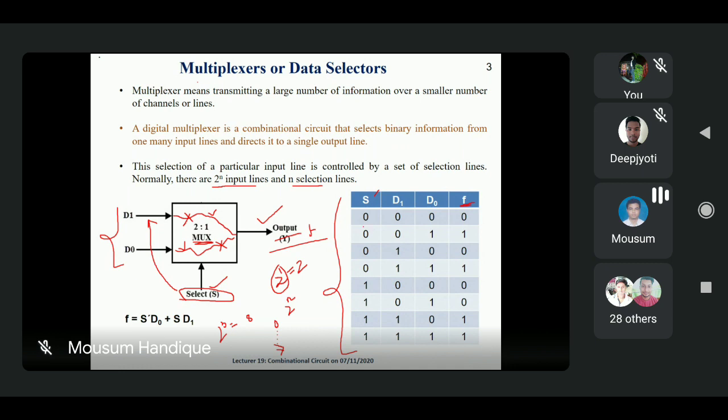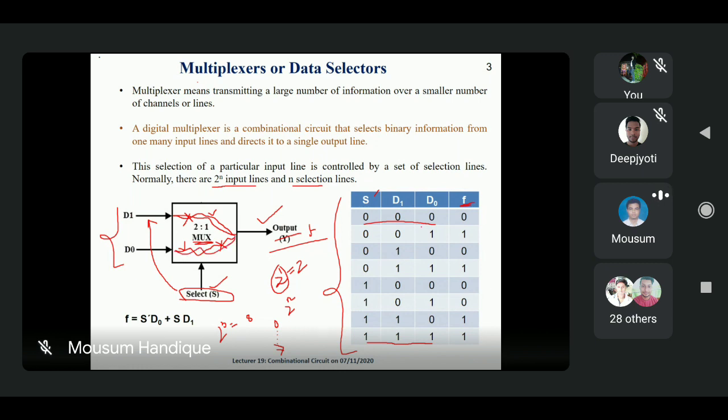So here I am writing this one is 0 and the last one is 7. Okay. So when S equal to 0, that time what happens? When S value is 0, that time D1 is propagated to Y. And when S equal to 1, D0 is propagated to Y.